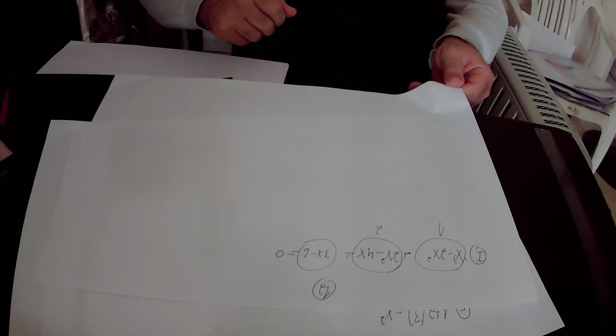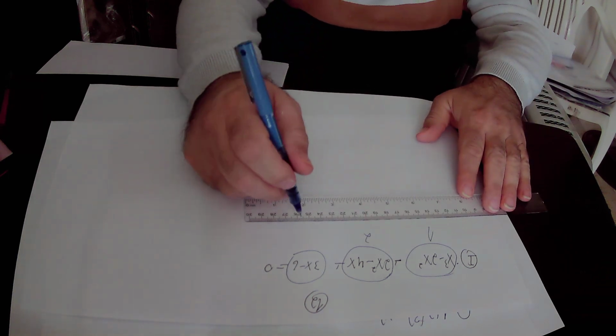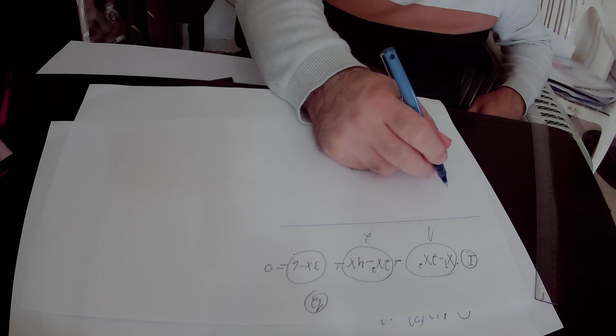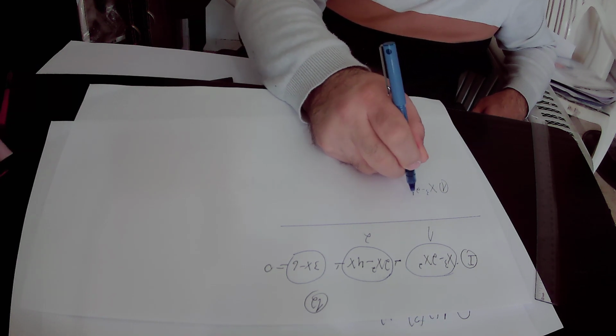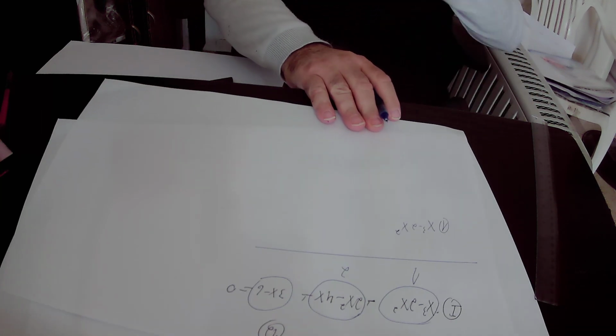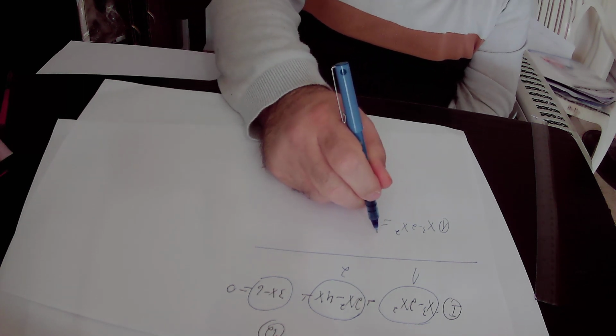Okay, so we will take a common factor from the first part. The first part is x cubed minus 2x squared, and the common factor that we will take from this expression is x squared.